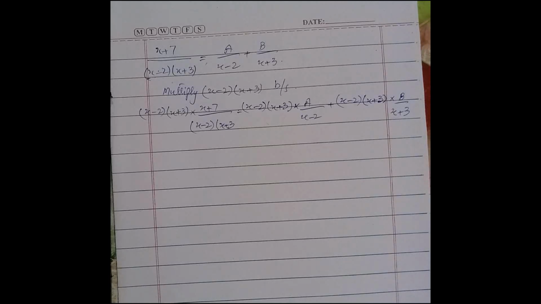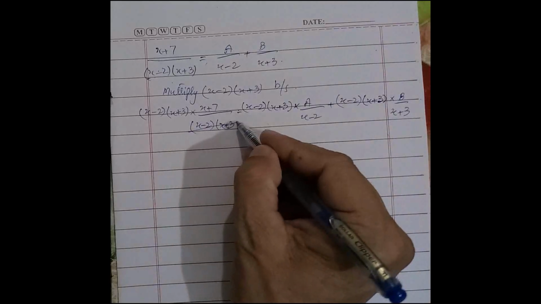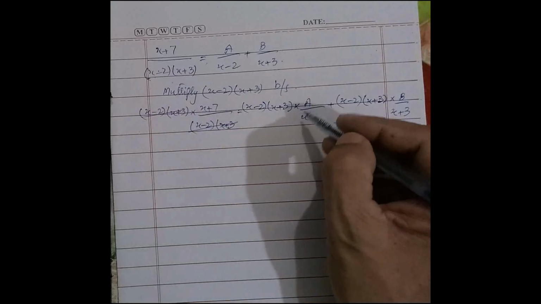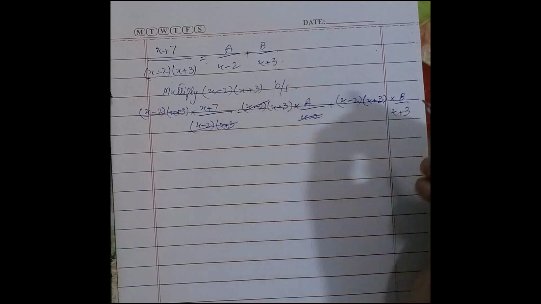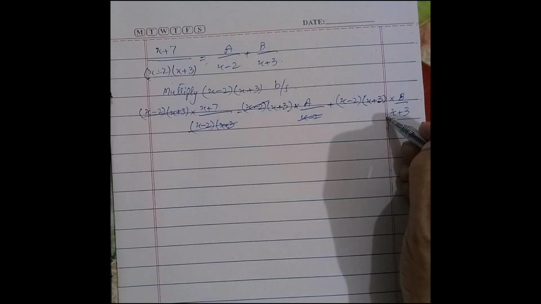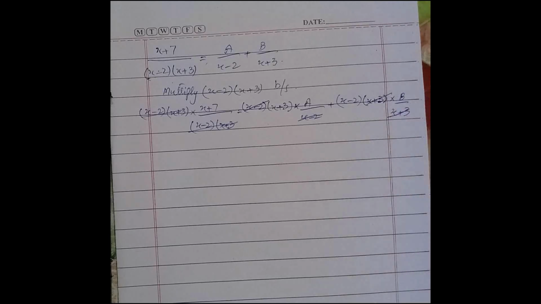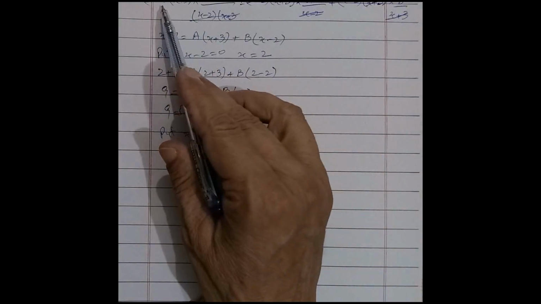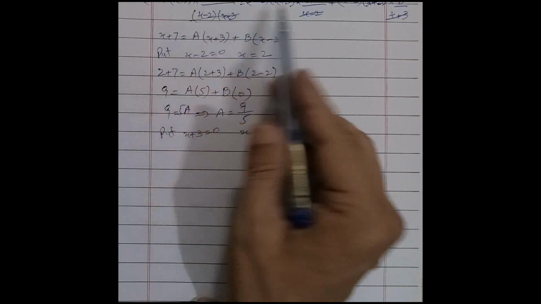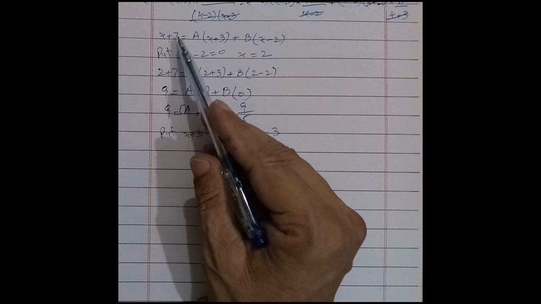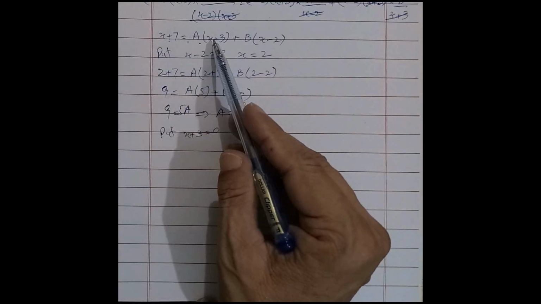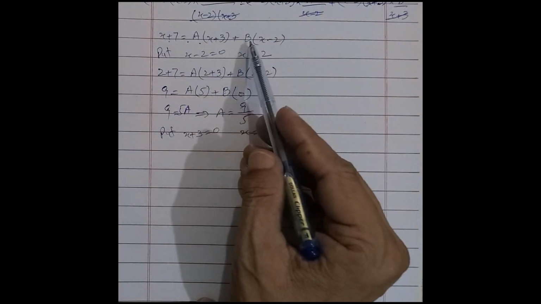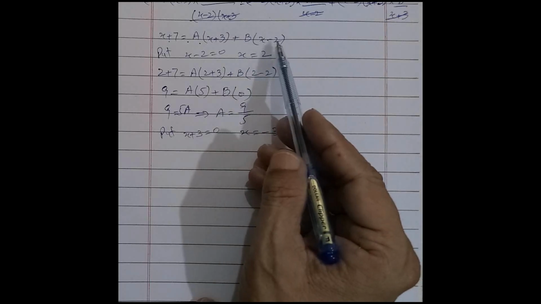Now simplify these values. x minus 2 cancels with x minus 2, and x plus 3 with x plus 3. Now simplify, and we get x plus 7 is equal to A into (x plus 3) plus B into (x minus 2).